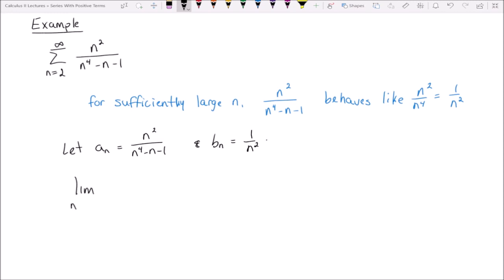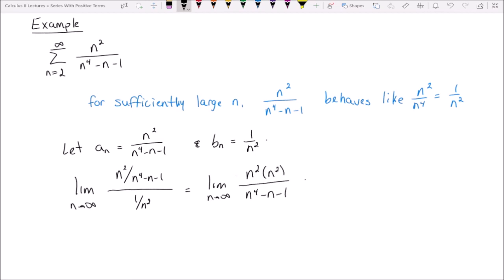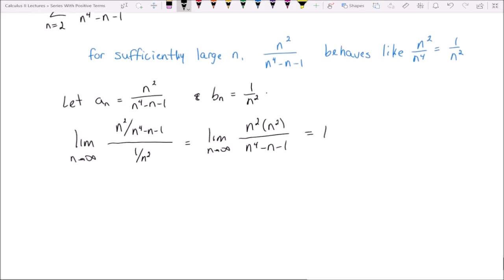So let's take a look at the limit. Notice this becomes the limit as n approaches infinity of n squared times n squared over n to the 4th minus n minus 1, and that limit is equal to 1. Take a look.